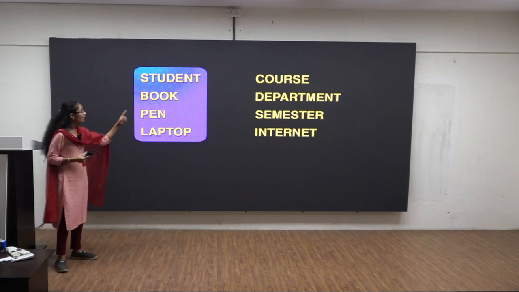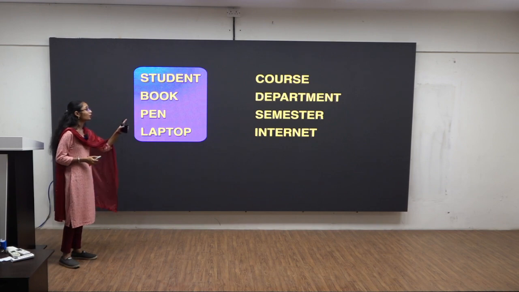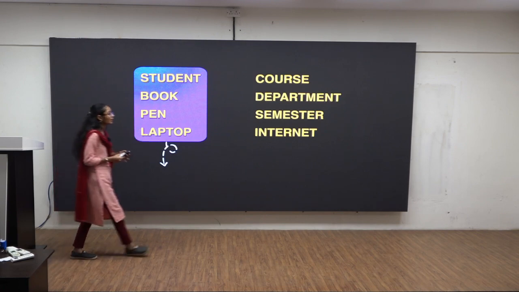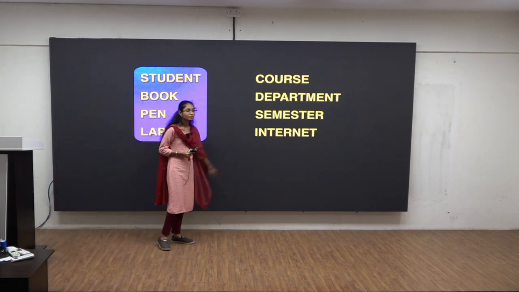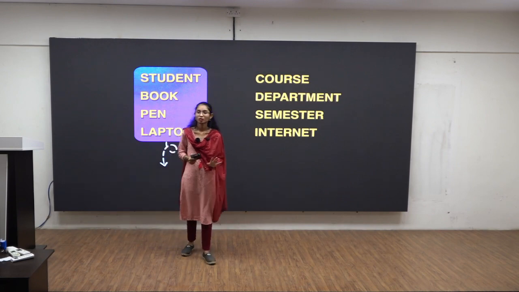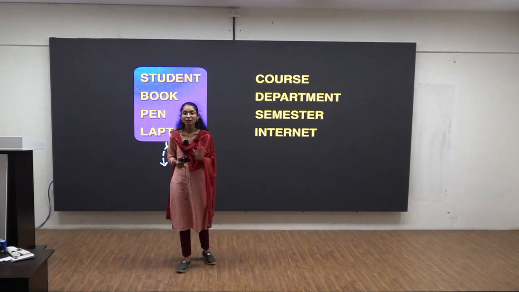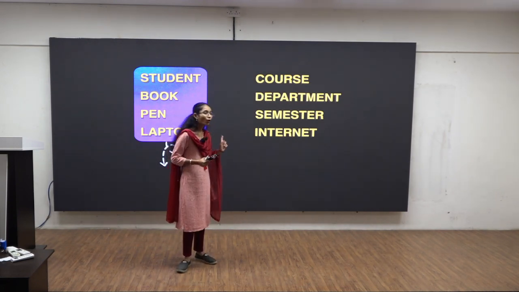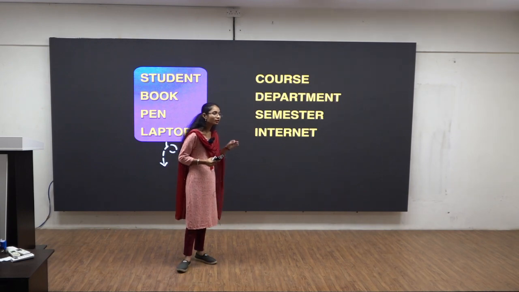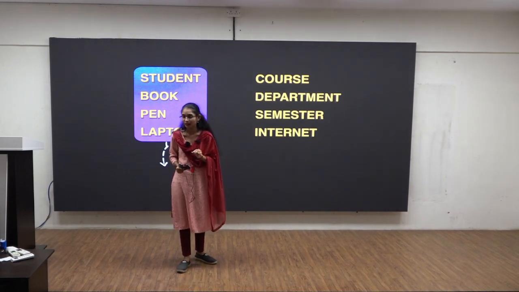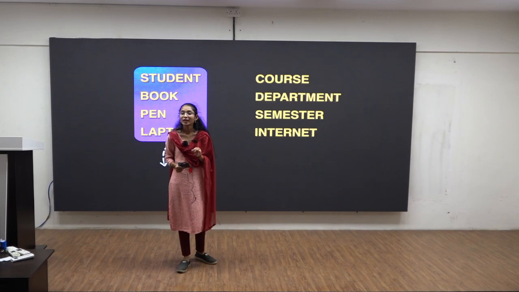But at the same time, if you see the other side, that is course, department, semester and internet. Tell me, can I touch or feel this? No. But both of them that I have here are entities only.